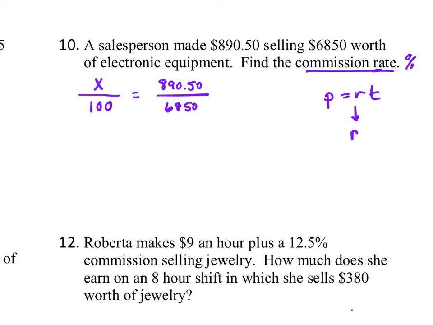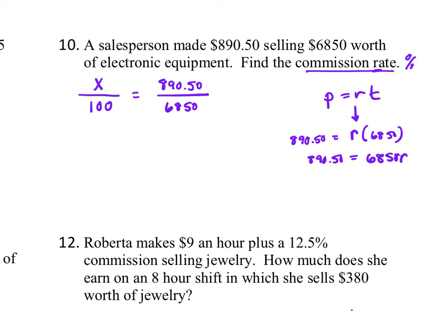So if you're using the equation, we know the part. This is the part that the salesperson made, and we know the total, which is $6,850. So you could choose to write this. I'd probably reverse. We prefer to see our number first and then our variable, and you could solve this that way.